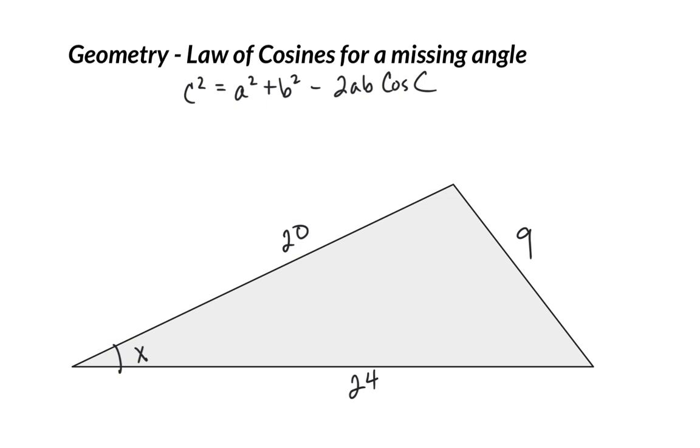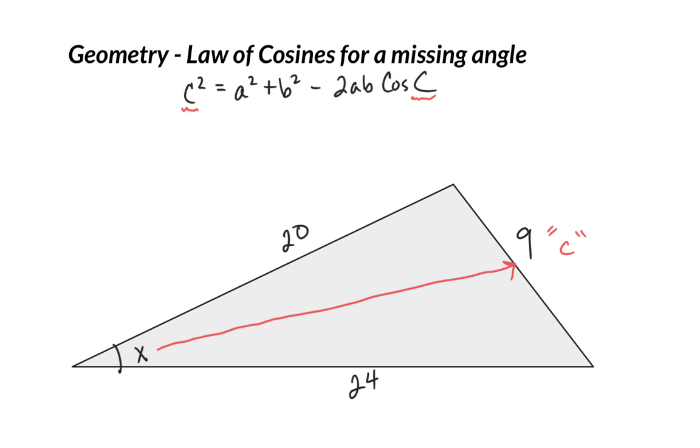Well, obviously, our angle is part of our law of cosines. It is imperative that whatever angle we're searching for, we look straight across from it, and this becomes our C in our formula. That side that crosses from the angle needs to be the one that's on the left of the equal sign.